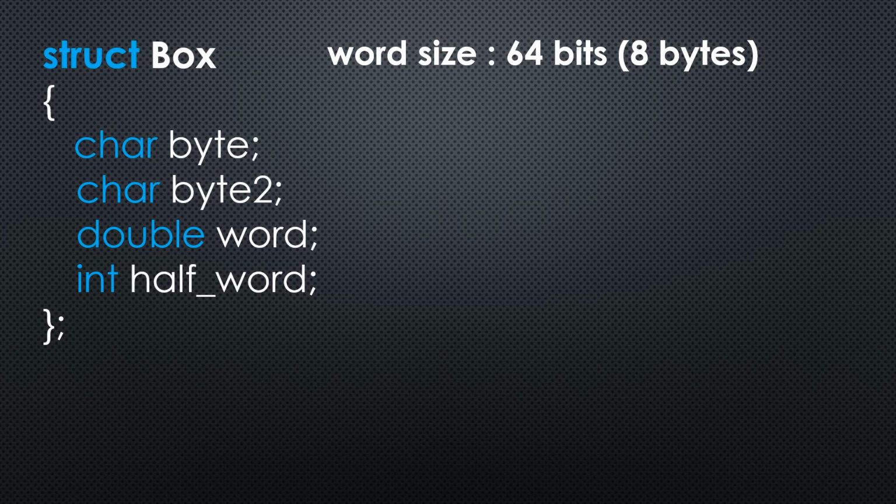And in 6 bytes the double would not fit, so it will allocate the second word, and as the double takes 8 bytes of memory, it will fully reserve the whole word. So we will have to allocate the third word. So the size of this struct will be 24 bytes.